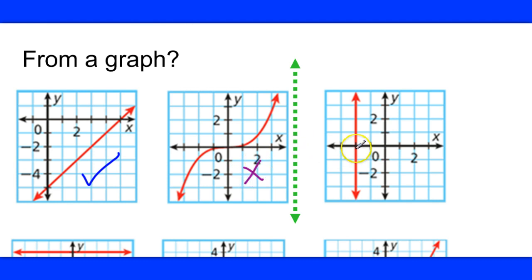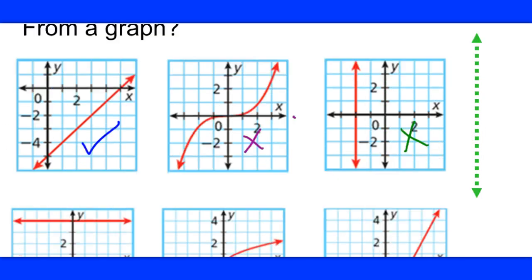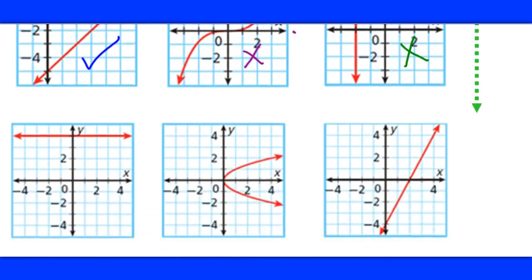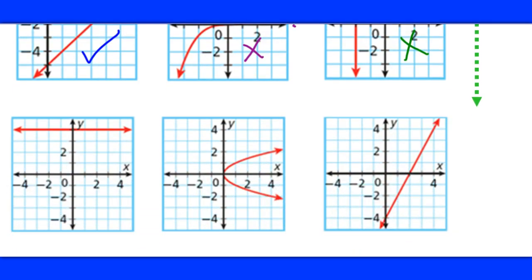For this next one, it's a line, but it doesn't pass the vertical line test. See, right there, at that point, I'm touching several different values at one time. So this one is a line, but it's not a linear function.